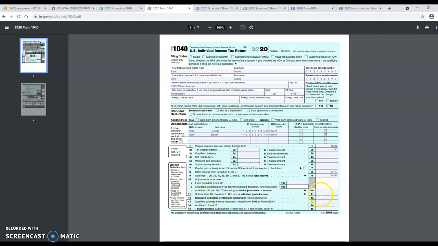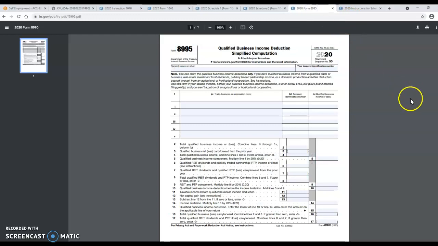Line 11 is adjusted gross income, which is still 64,444. Line 12 is the deductions. They're married filing jointly, so that's 24,800. The QBI, now they do have their own business, so we should take a look at Form 8995.